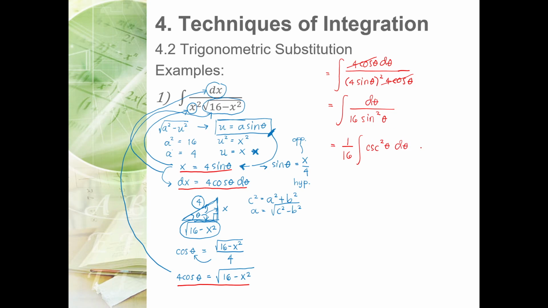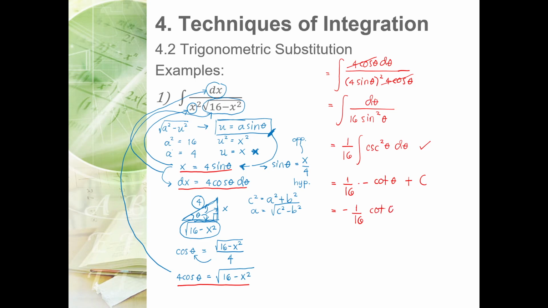Notice that this is already a basic trigonometric formula which we can integrate immediately. That will be 1 over 16 times the integral of cosecant squared theta d theta, which is negative cotangent theta plus c.